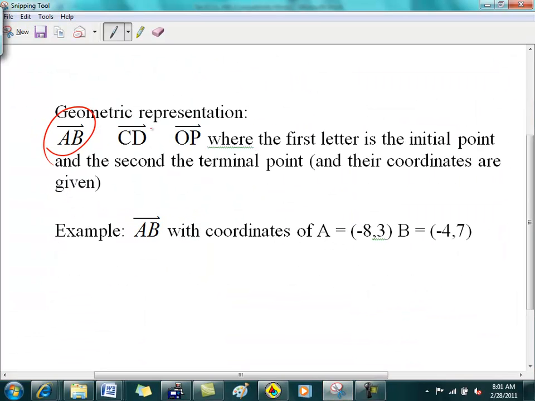So these are all technical terms. These you should have learned from geometry. Notice that what it's written as is written like that. What's the difference between that and that?